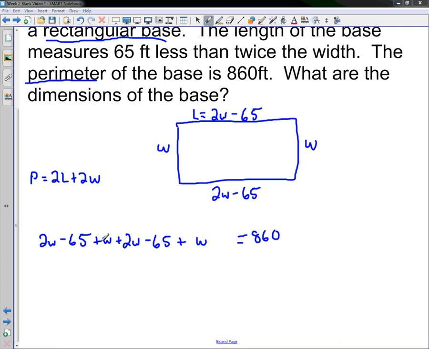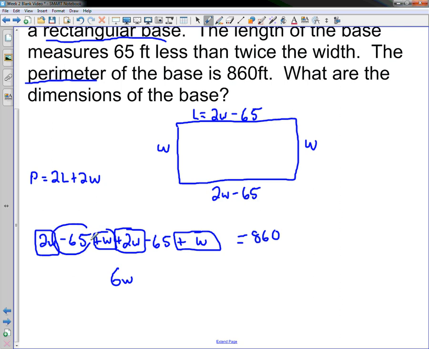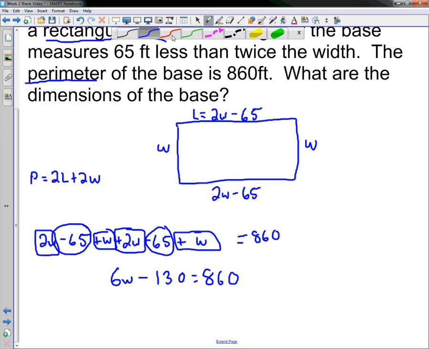We combine like terms. So we have 2W plus W plus 2W plus W. So that gives us 2 plus 2 is 4, plus 1 is 5, plus 1 is 6W. Negative 65 and negative 65 gives me negative 130 equals 860. And then we solve.